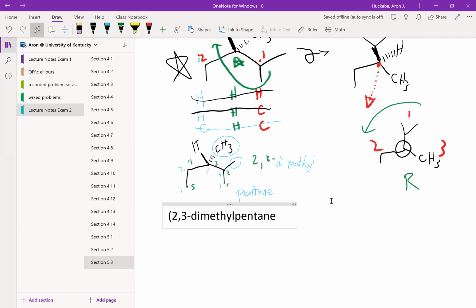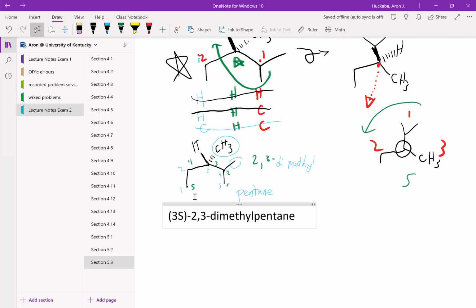We put it in parentheses. And that's going to be 3. Oh, it's not R, it's S, isn't it? That's silly of me. 3S, because it goes counterclockwise, so it's S. Sorry for that mistake there. 3S, 2,3 dimethyl pentane.